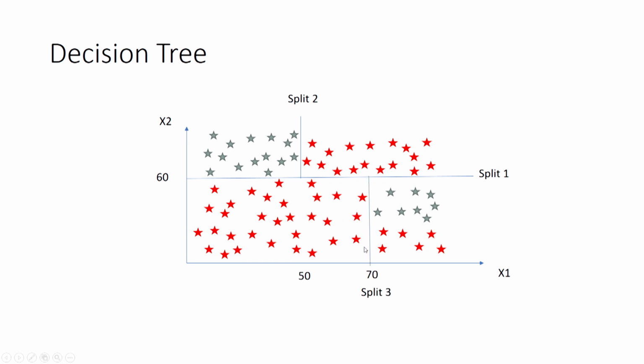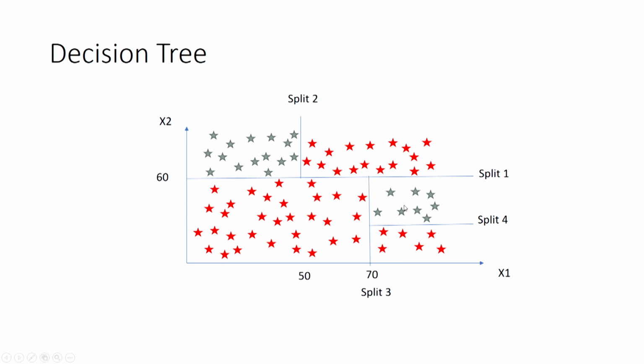So we will again split it. After splitting again we got a subset that contains only red class instances, but the other contains both. Suppose we split it here.